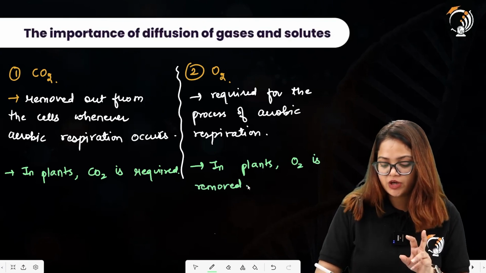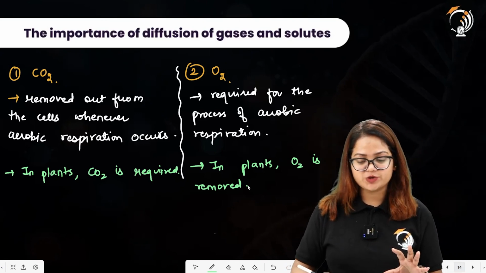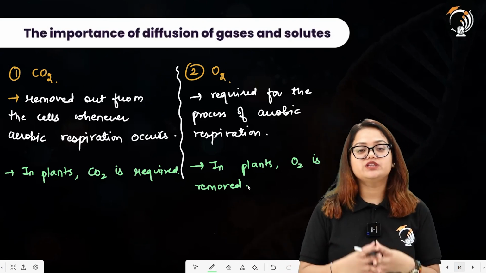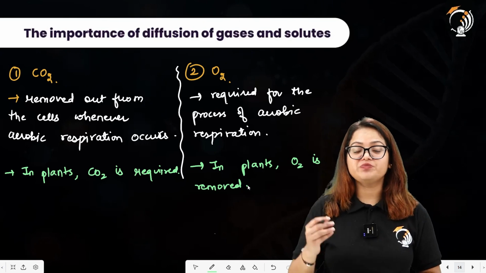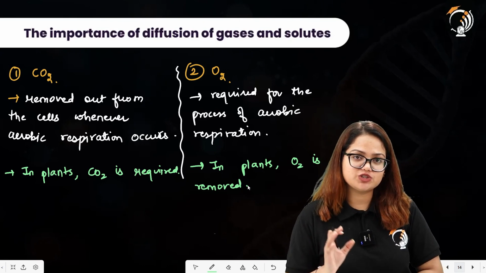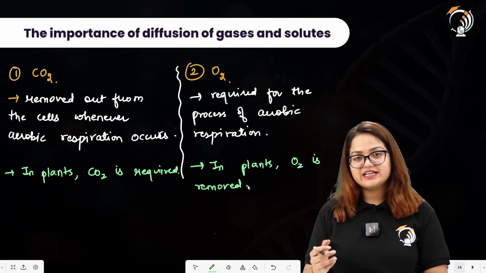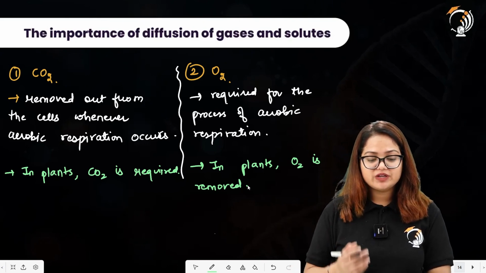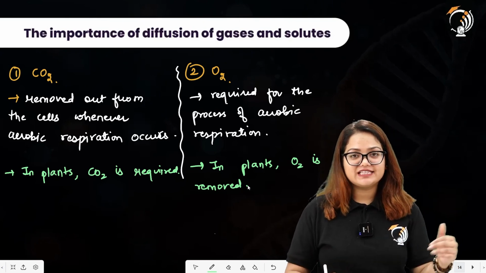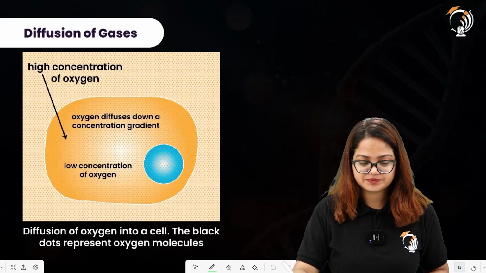Not all of the oxygen molecules are removed, since some of the oxygen is utilized to carry out aerobic respiration, since plants also carry out aerobic respiration to release energy, and this energy is utilized to carry out the different functions of the cells. So in plants, oxygen is removed and carbon dioxide is required. And whether aerobic respiration occurs in animals or in plants, carbon dioxide is removed out from the cell and oxygen is required by the cell.